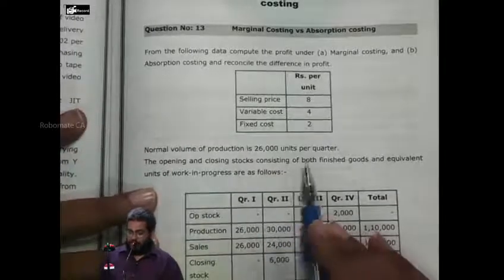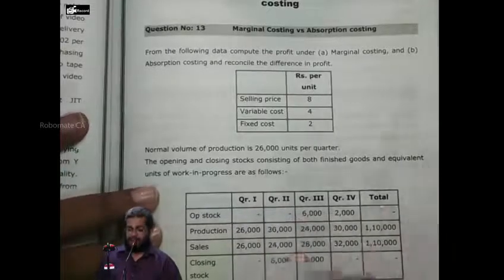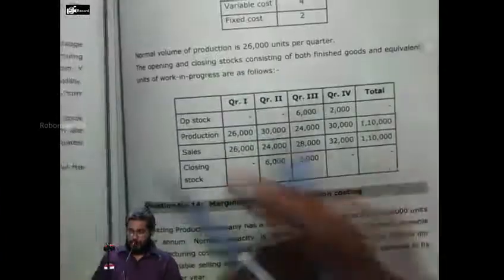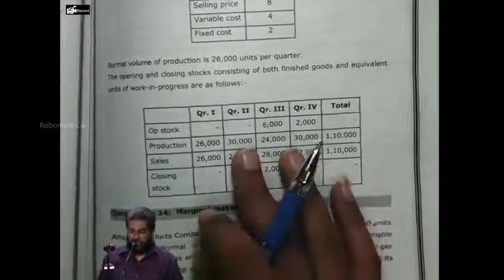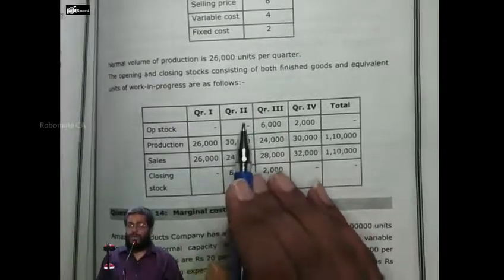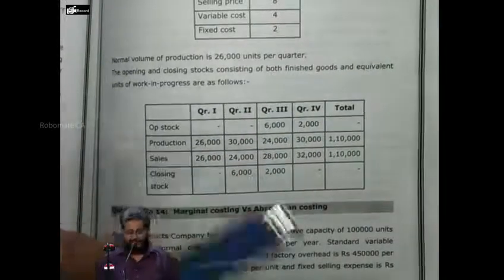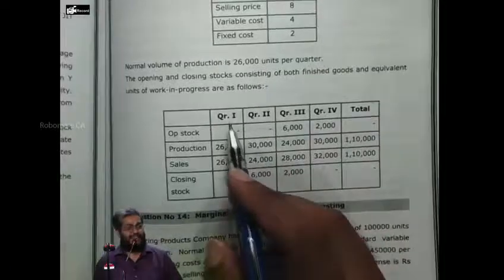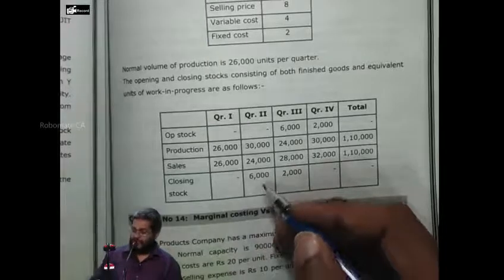The opening and closing stock, consisting of both finished and equivalent units of WIP, are as follows. Quarter 1, no opening stock, produced 26,000, sold 26,000, no closing stock. Quarter 2, no opening stock, produced 30,000, sold 24,000, closing stock is 6,000.